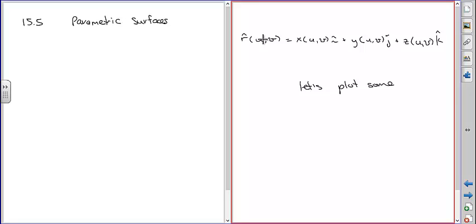When it comes to parametric surfaces, you have a domain of u and v. It's almost like in the uv coordinate system, you define a region. For a curve, you're defining t along a number line, a one-dimensional thing.